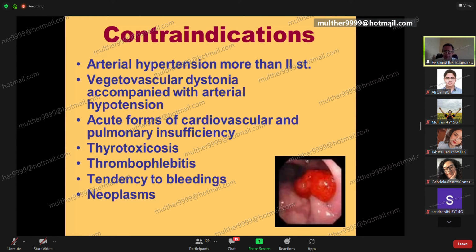Other diseases when application of galvanization is not recommended: arterial hypertension, third stage, vegetovascular dystonia accompanied with arterial hypotension, decreased BP less than 110 millimeters mercury.